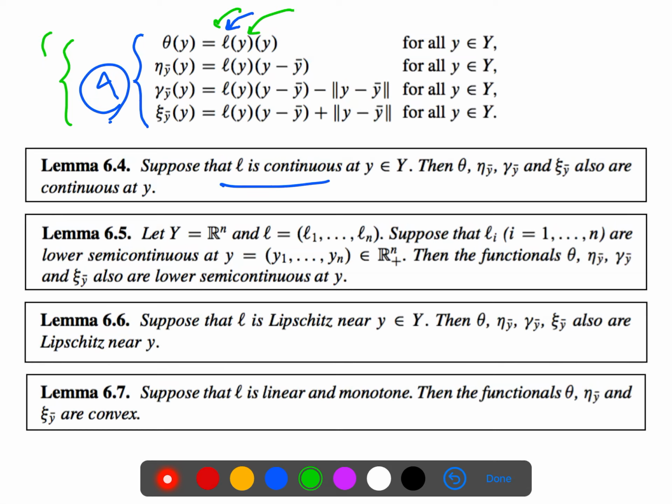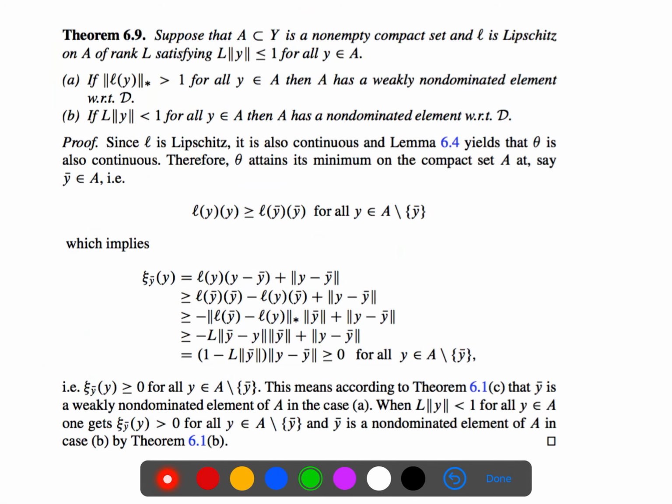If L is Lipschitz, then all four functionals are Lipschitz. If L is linear monotone, then all of them are convex. So you just need to care about L, and everything can then be understood for the functionals as well.